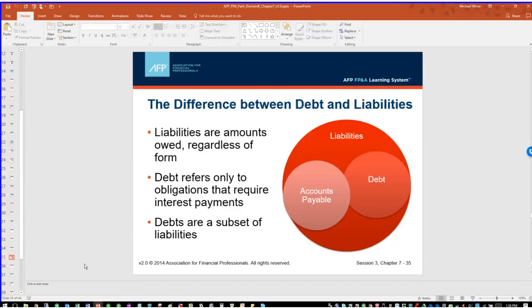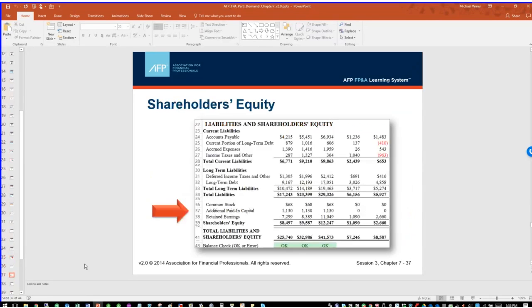Okay, difference between debt and liabilities. Debt is a liability, but not all liabilities are debt. Shareholder equity. There are pieces of shareholder equity. The monies that have been paid in by shareholders in exchange for their ownership of the company are typically broken into two lines, or at least two lines.